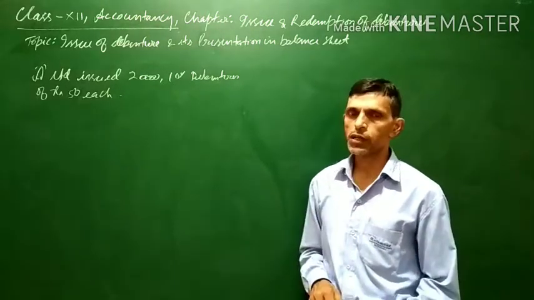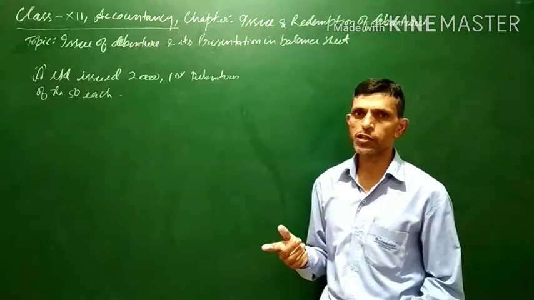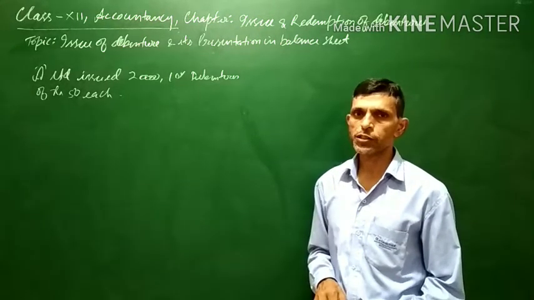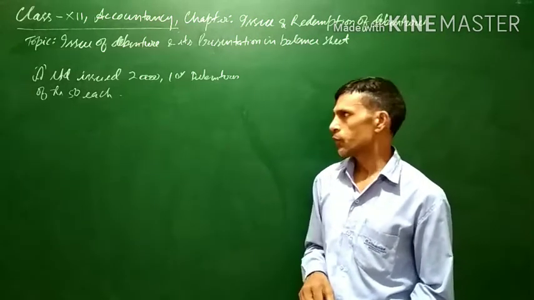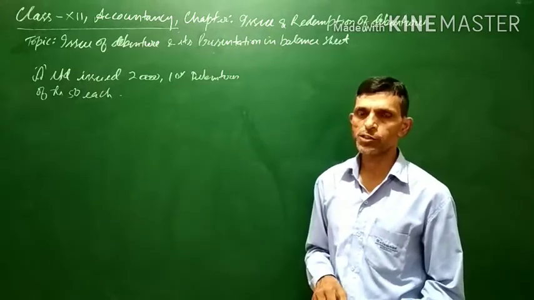This is given in the question. In this case, what will the journal entry be, and how will this be presented in the balance sheet? We will learn with the help of a journal entry, and then its presentation into the balance sheet also.